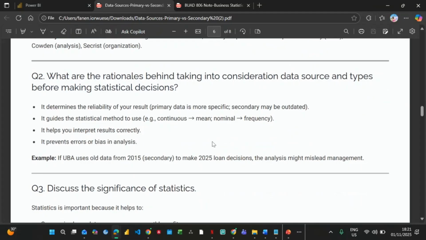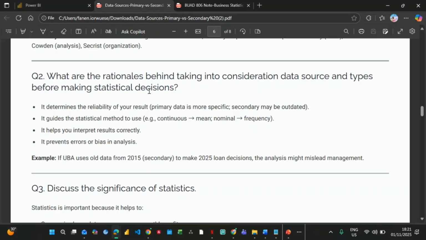So question number two says, what is the rationale behind taking into consideration data source and types before making a statistical decision? First thing first, like I said before in our WhatsApp group, you have to determine, because now you're trying to consider a data source, right? You want to choose a data source for your report.